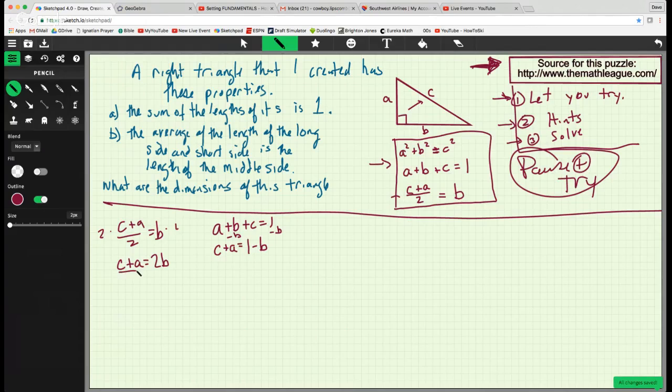Now I have C plus A equals 2B and C plus A equals 1 minus B. Because C plus A is equal to C plus A, these two things must be equal. So 2B equals 1 minus B.